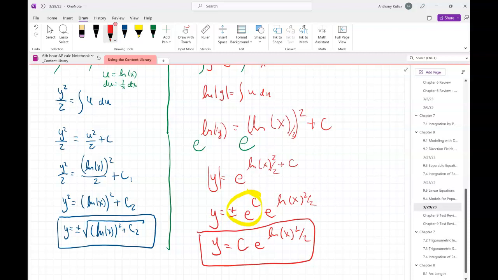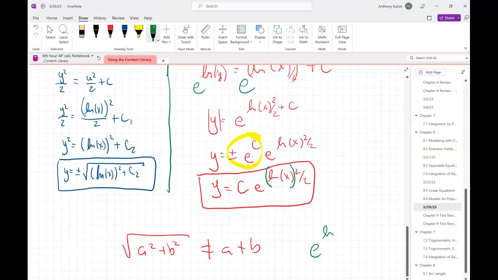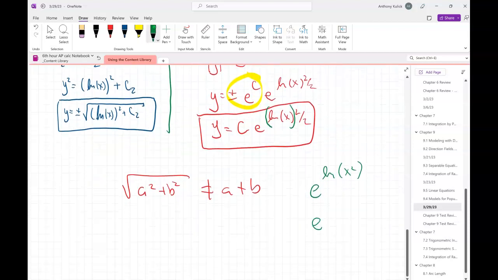No, and that's a good question, Luke. The reason is that the squared is outside of the logarithm. If the squared was inside, like if I had e to the ln x squared, then yes, those could cancel out and just be x squared.